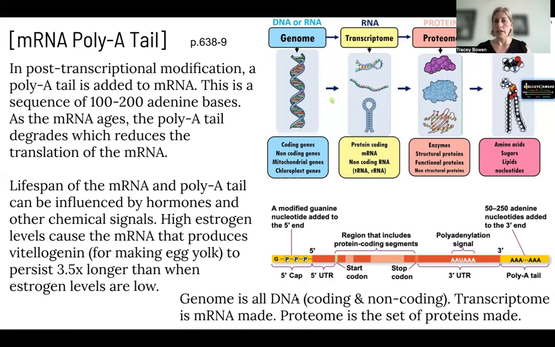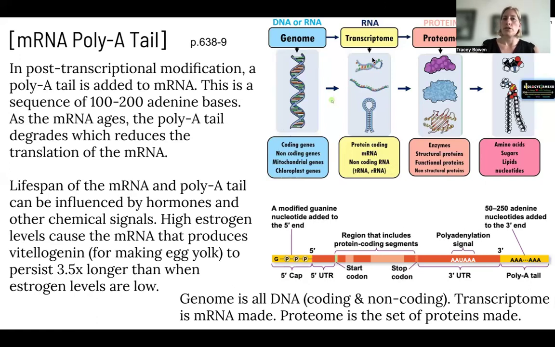And genome is all DNA, so all of it, coding and non-coding. So when we're thinking about our genome, we have coding genes, we have non-coding genes, we have mitochondrial genes, we have chloroplast genes. And then the transcriptome is going to be where RNA is made. And so that could be messenger RNA, could be non-coding RNA as well, like transfer RNA or ribosomal RNA.